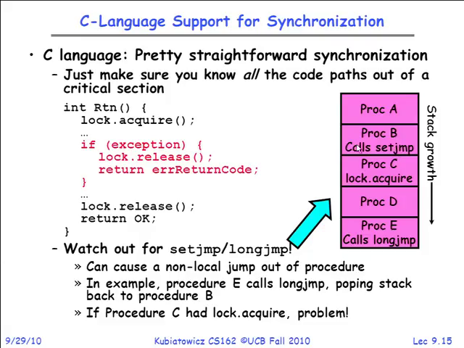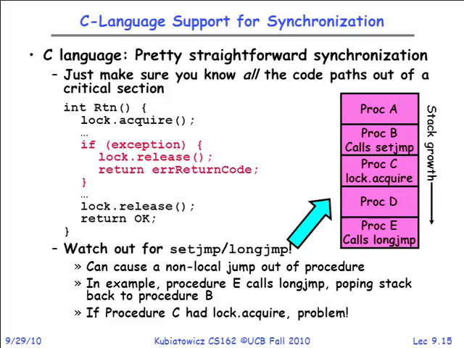Then C, let's say, acquires a lock, and then you get down to D, and then E causes an exception, whatever that is, and it calls longjmp, which really just throws out this amount of stack and restores you back to where the setjmp was. So it's a way of doing a non-local exit, kind of like an exception in a more modern language. Well, as you can see here, I just longjumped and squashed out the procedure C, which is probably the one that released the lock.